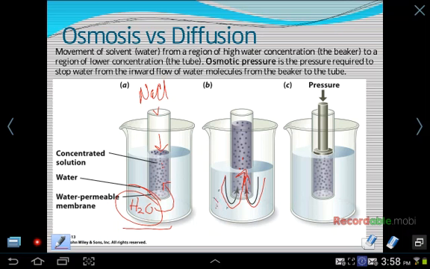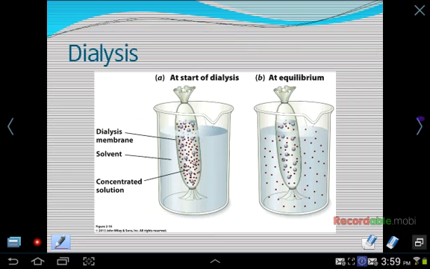So in order to stop the flow of water into the tube, we have to use osmotic pressure. Osmotic pressure is the pressure required to stop the inward flow of water from the beaker into the tube. And this is how cells maintain their concentrations of salts inside the cell, as well as the osmotic pressure in and outside of the cell.